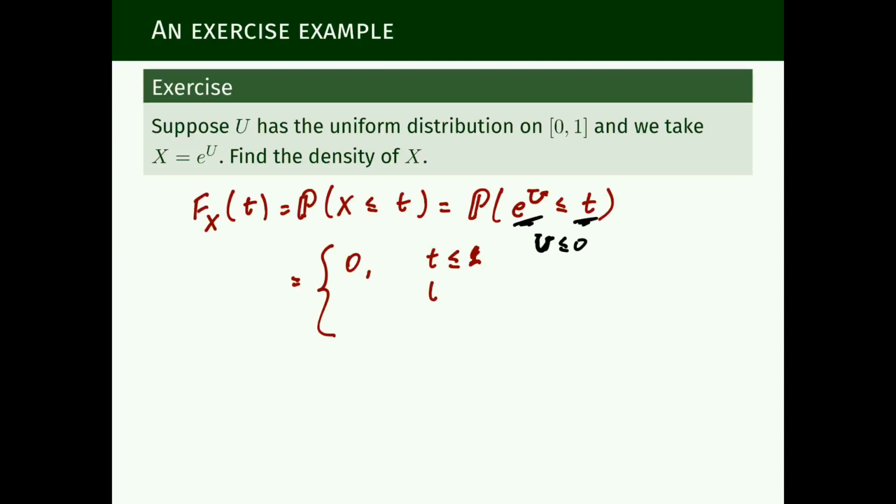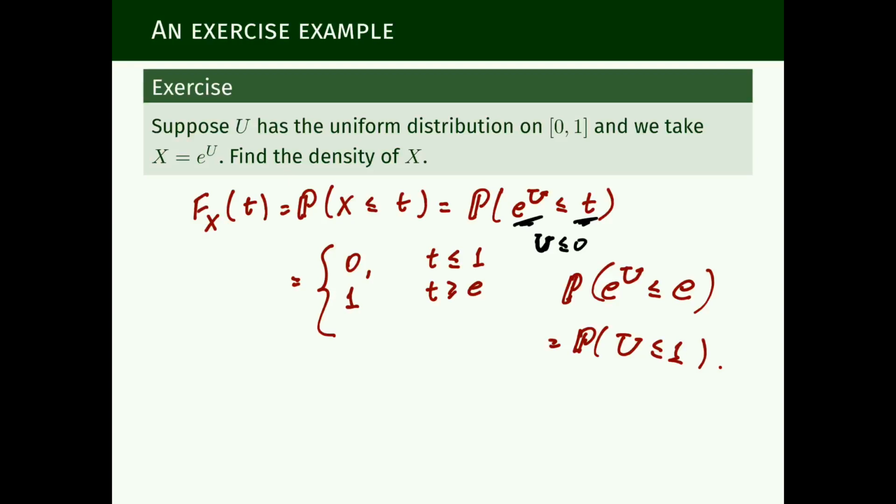And when t is larger than e, then we're asking, is e to the U less than some t larger than e? Well, this probability is 1. It is 1 because this is the probability that U is less than 1. So this will be 1.